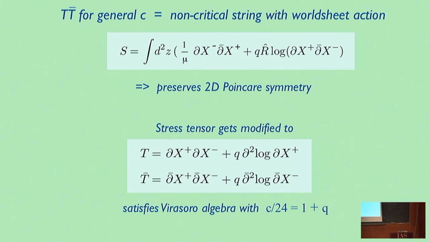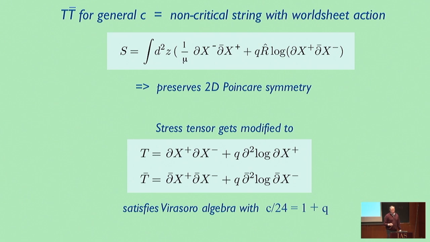And if I differentiate the log of 1 over z twice, I get a q over z squared term. So what you're going to find is that the only effect of this term for vertex operators like e to the i p x is that it shifts the conformal dimension by an amount q, which is c over 24 minus 1.